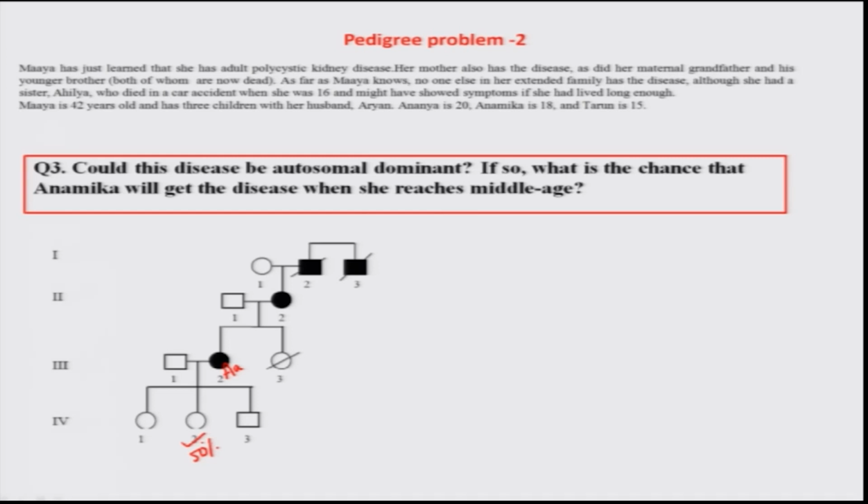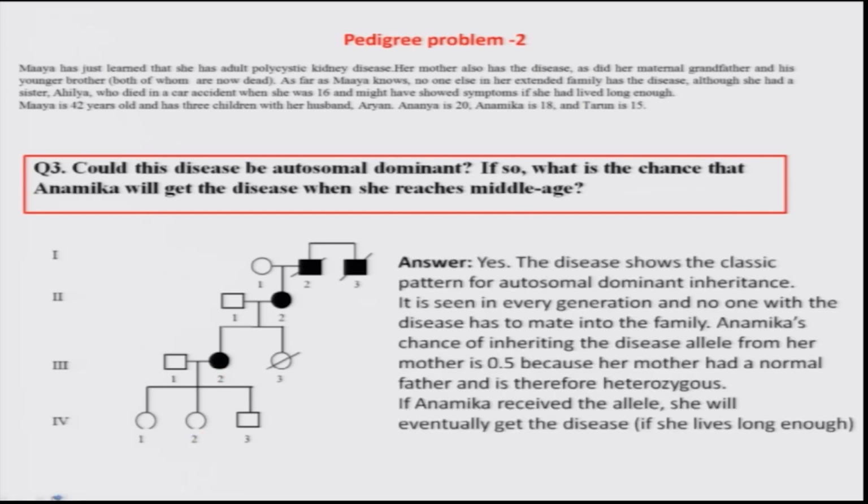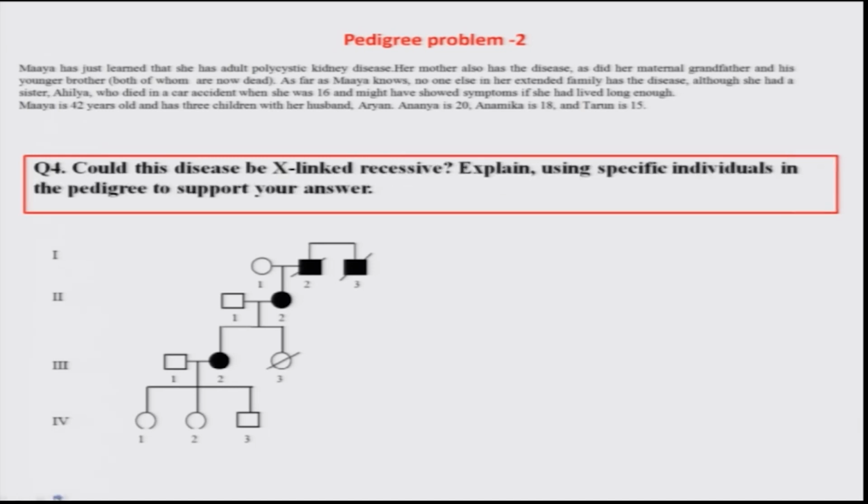So, 50% is the chance for Anamika to develop the disease. That is what I have written here, which you can read, that this disease shows the classic pattern of autosomal dominant inheritance as it is seen in all generations, and Anamika has 0.5, that is 50% chance to develop the disease.